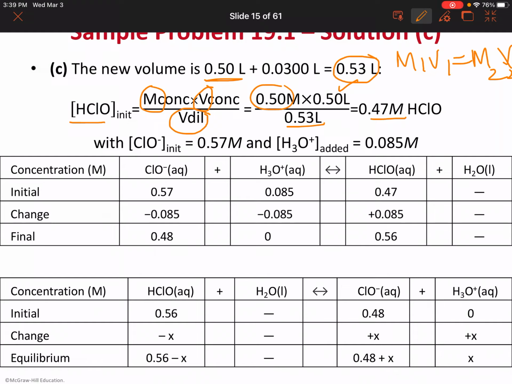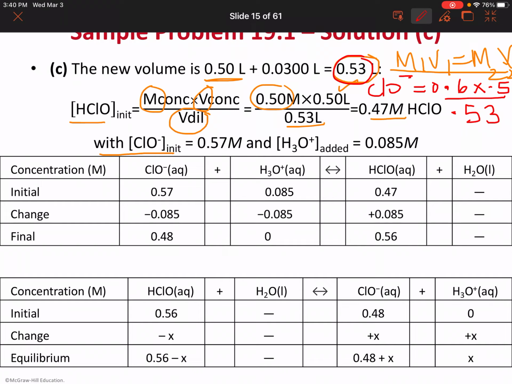Similarly, if you want to find the new molarity for the hypochlorite ion, again you can follow M1V1 equals M2V2. So the ClO minus concentration would be 0.6 molarity times the volume 0.5 over the diluted volume 0.53.